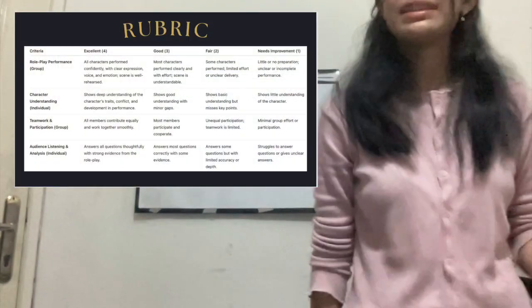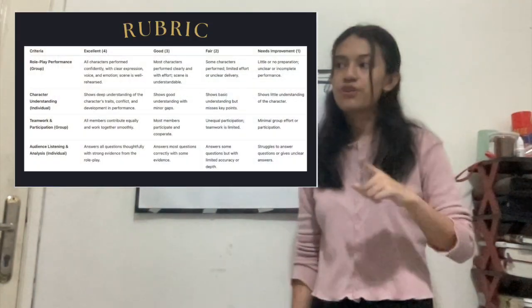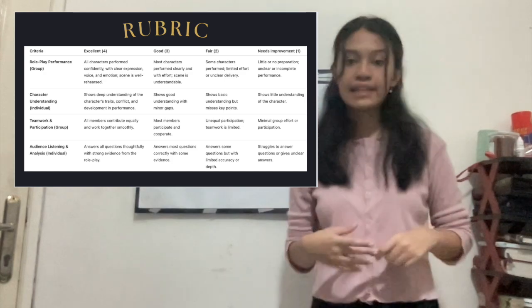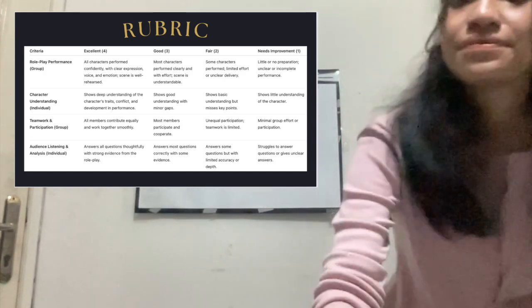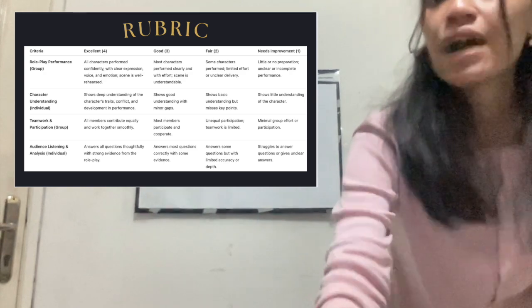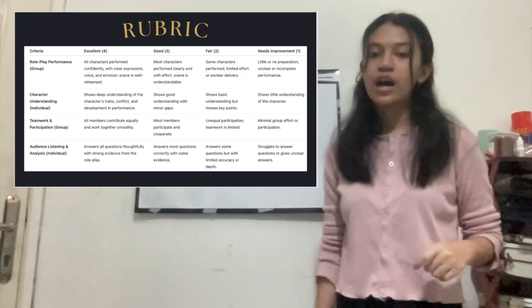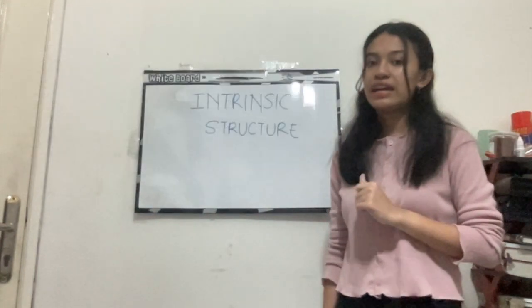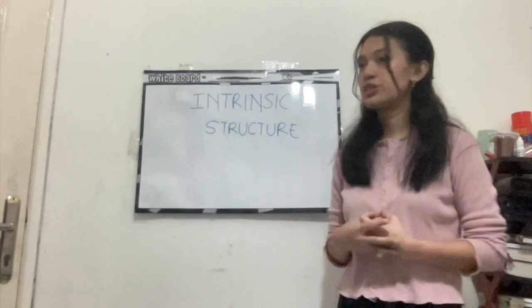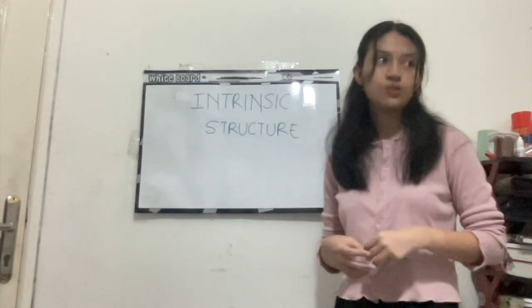This is the rubric that I'm going to use to score your performance in front of the class. And I will also score your answers to the comprehension questions that I will give to you next week.